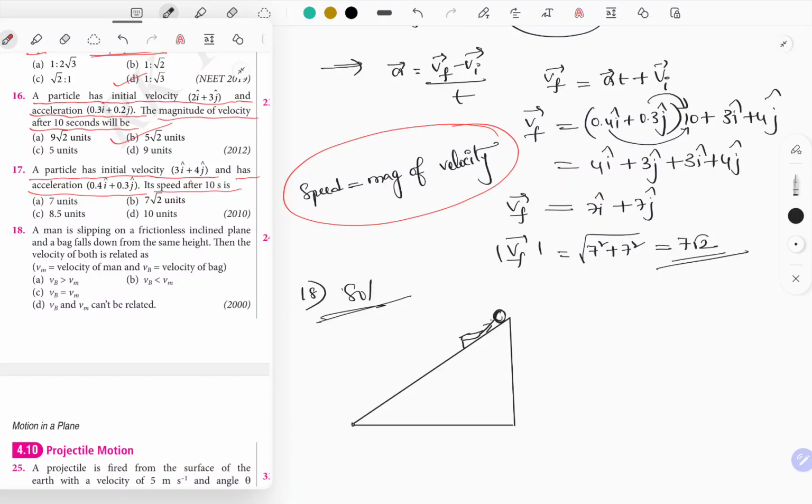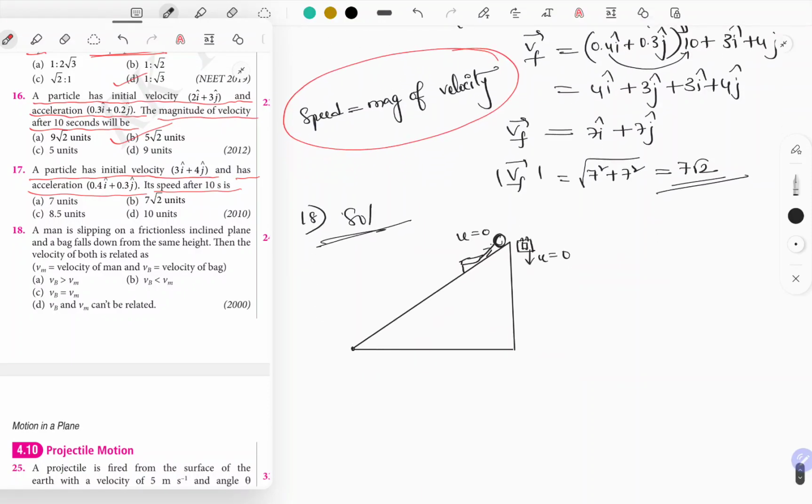Next, a bag falls down from the same height. A bag is falling down from the same height. Falling down in the sense that the initial velocity of both of them is equal to 0. Then the velocity of the man and the velocity of the bag, how are they related? That is what they are asking.